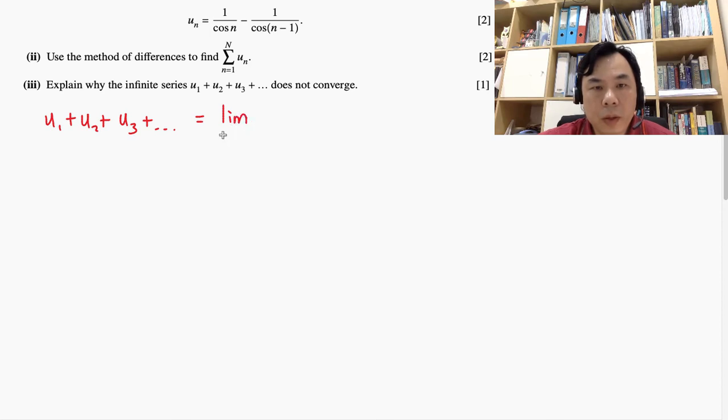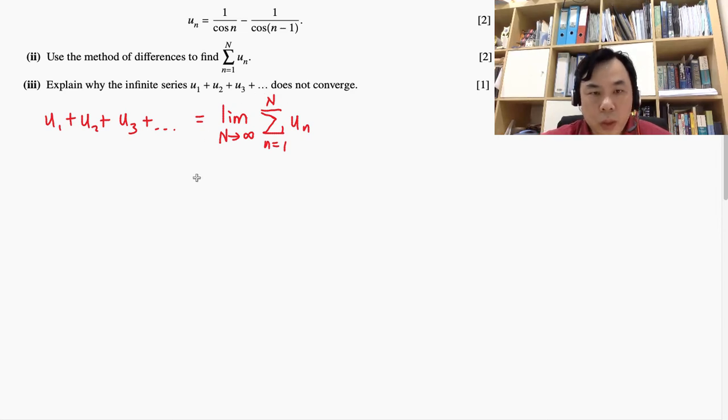As n approaches infinity, I can use the summation from n equals 1 to n of un here. So that is basically representing the summation of all these sequences.